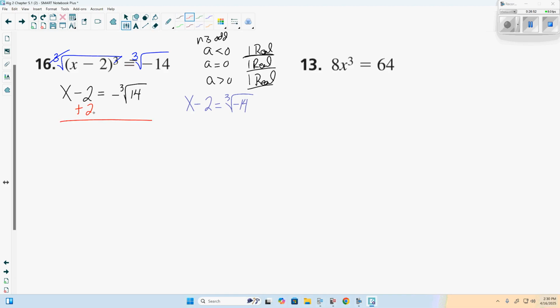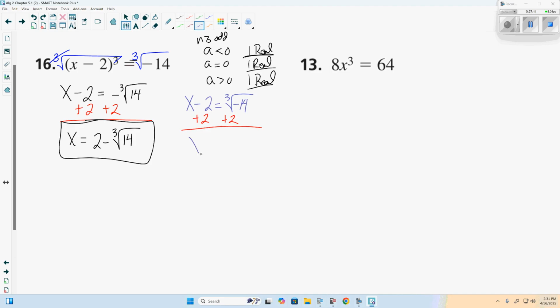Last thing we have to do is get x by itself. So we can say x is equal to 2 minus the cubed root of 14 when we take that negative out front. If we left it inside, we'd have 2 plus the cubed root of negative 14 because the negative is inside that radical. Okay?